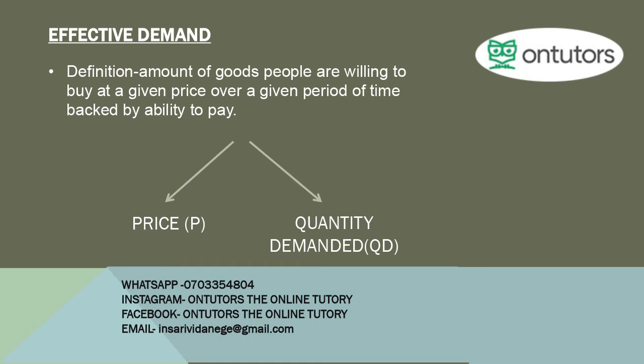So here you can see a demand curve, that's price and quantity, and you can see how the demand curve slopes downwards. The demand curve is the line drawn on a graph that shows how much of a good will be bought at different prices.